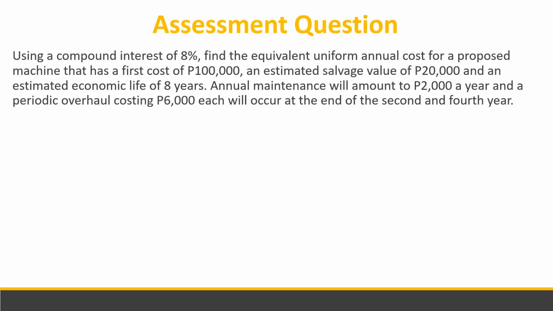Okay, so assessment question. Using a compound interest of 8%, find the equivalent uniform annual cost for a proposed machine that has a first cost of 100,000 pesos, an estimated salvage value of 20,000. So salvage value here is always at the end, so if this is 8 years, so merong salvage value na 20,000.